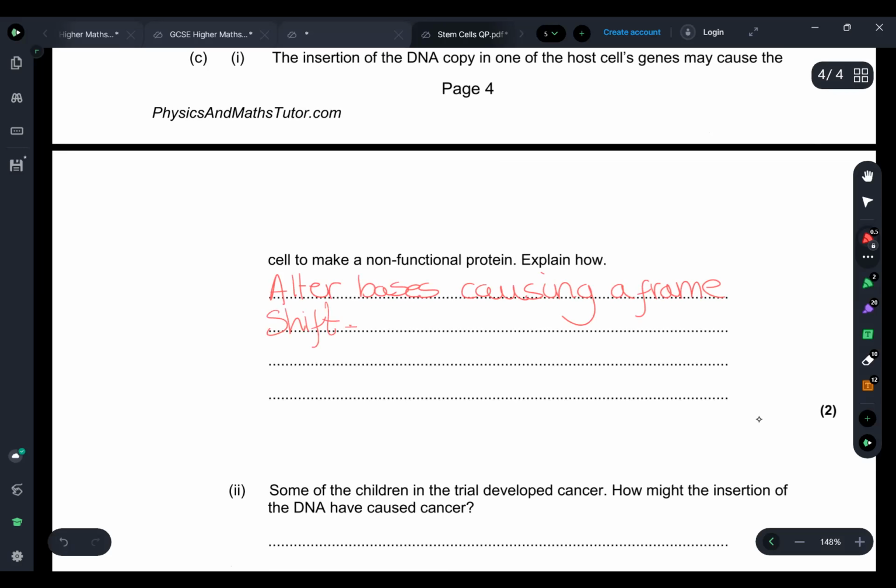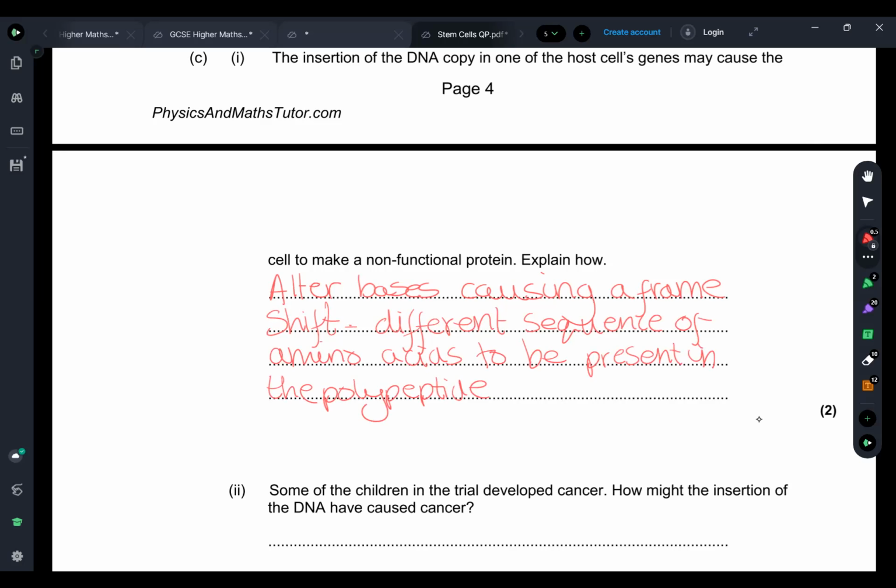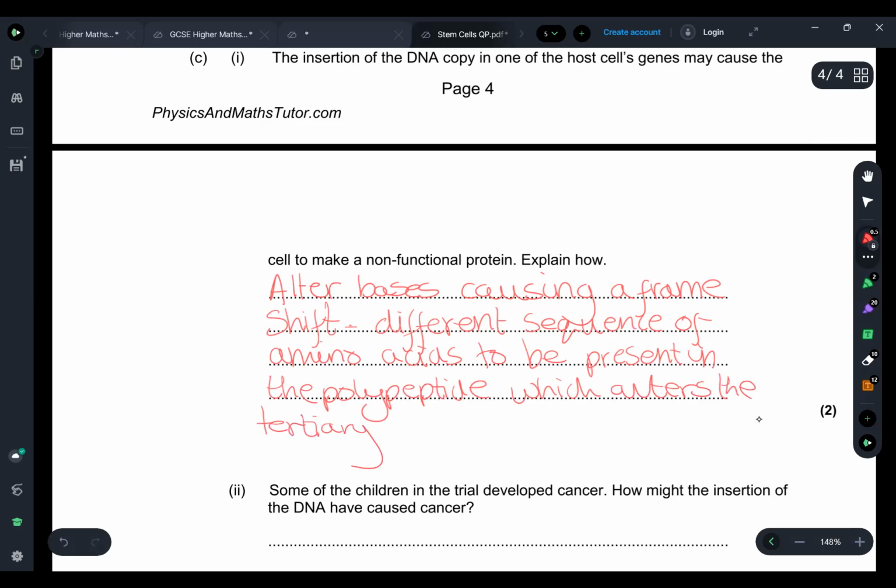A frame shift causes a different sequence of amino acids to be present in the polypeptide, which can affect the tertiary structure. That would give you 2 marks.